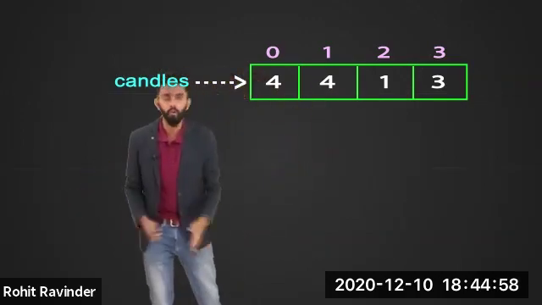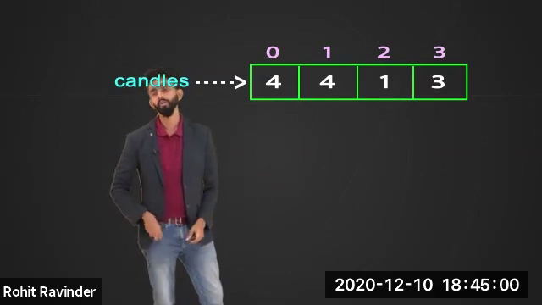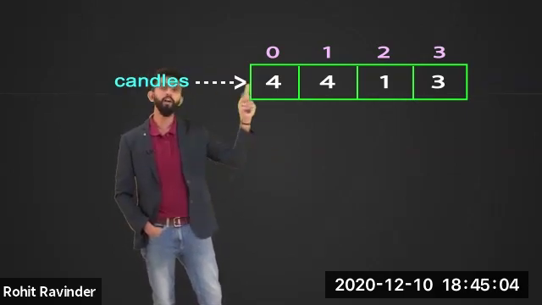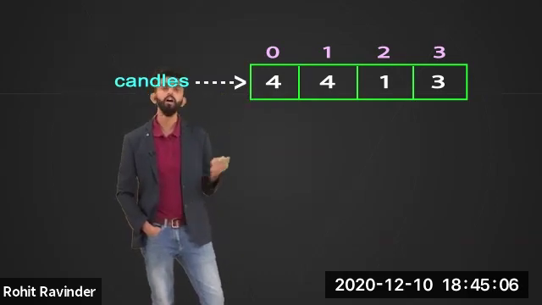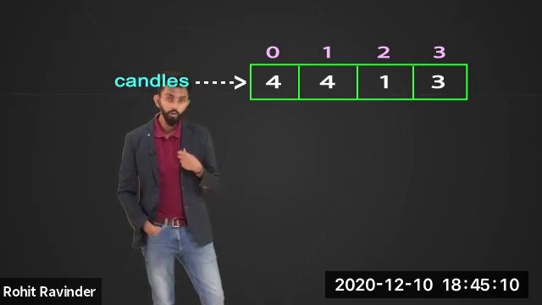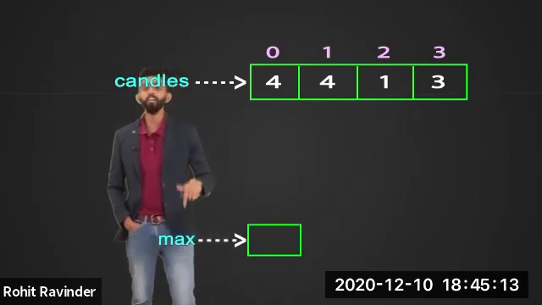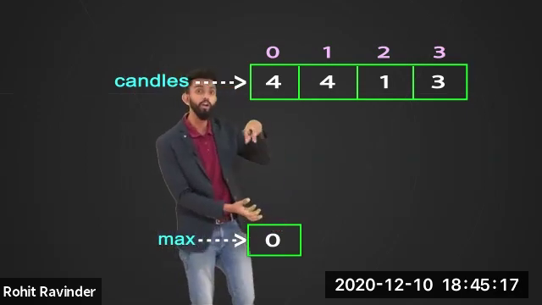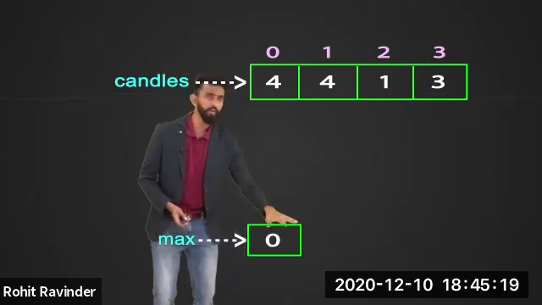Very straightforward question. How are we going to do this? You have all the knowledge to solve this. First, you want to find out which is the tallest candle, isn't it? How are you going to do that? Very simple. I am going to create one variable and I will call it max, assuming this max will have the tallest candle's value. Initially, I will say max is 0.